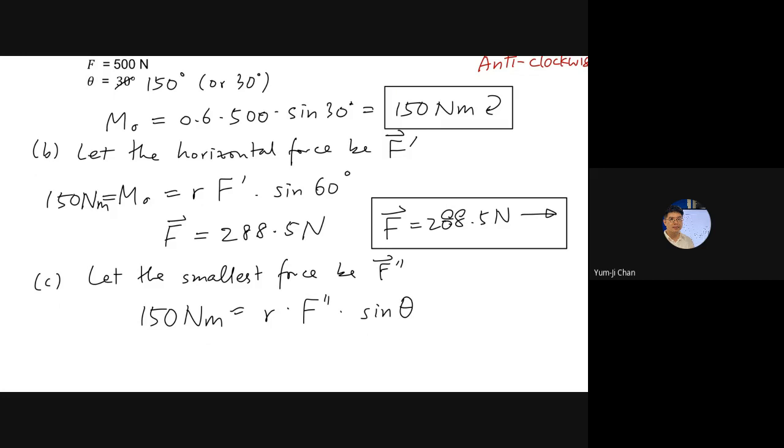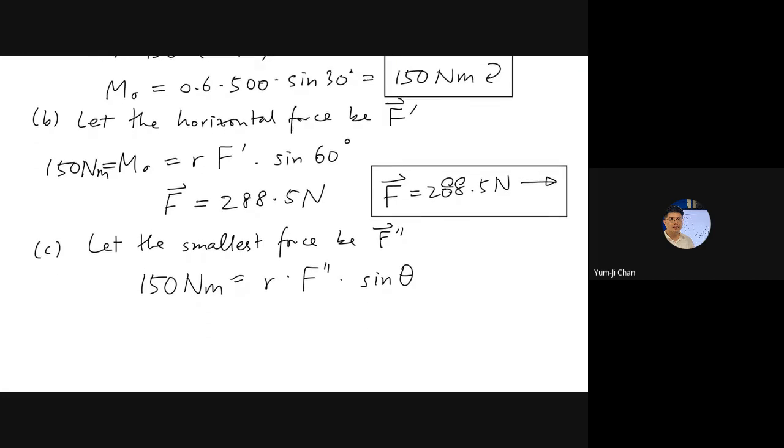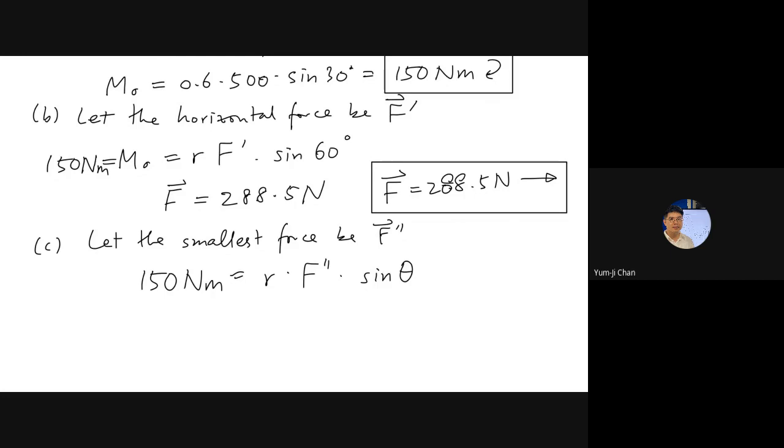Take your time to write it down. Now, if we want to find the smallest, because this one is fixed, and R is equal to 0.6 meter, then to have the smallest F double prime, we need the largest sine theta, right?